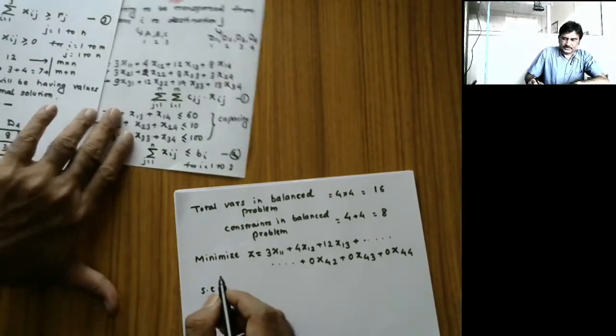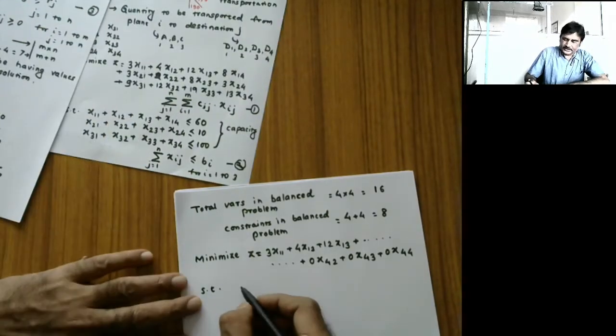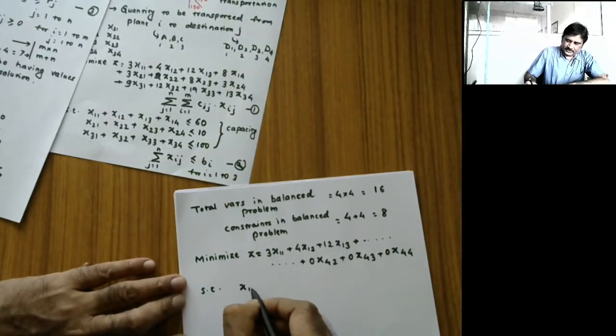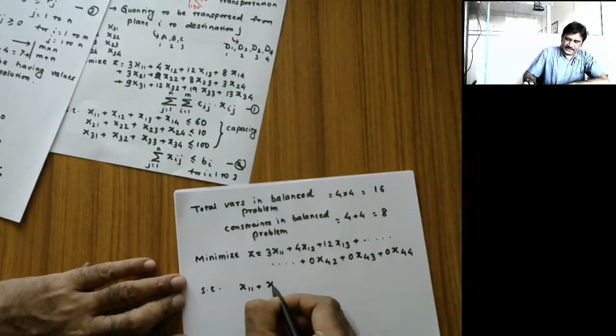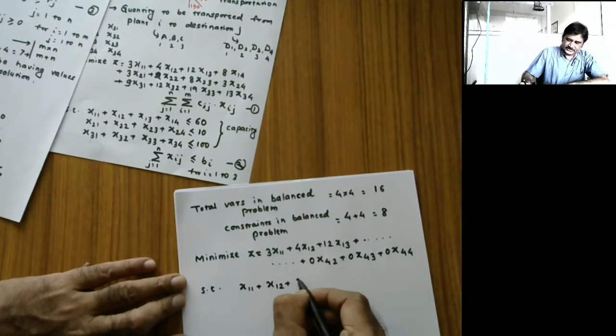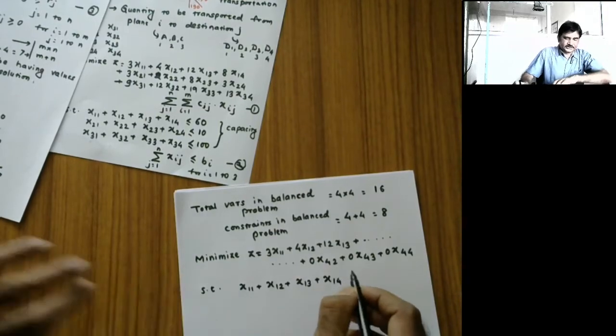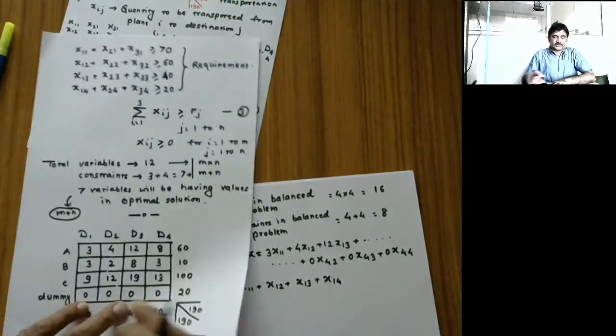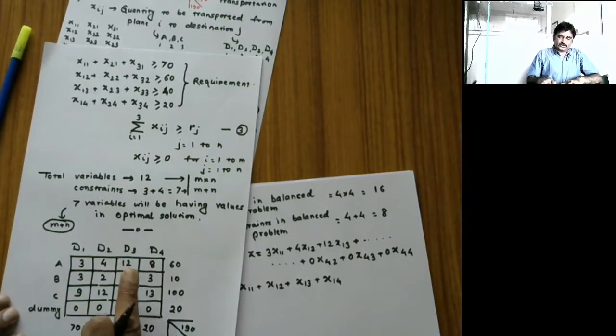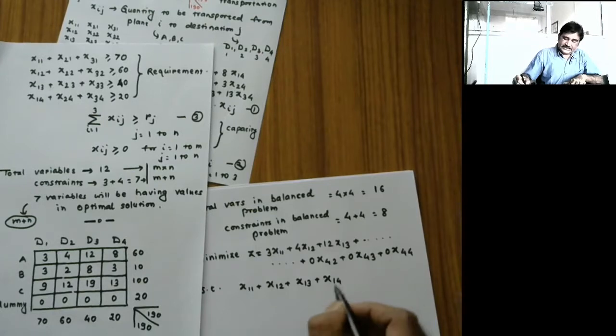Constraints will be more or less like this. x11 plus x12 plus x13 plus x14. See where the constraint is coming from. x11 plus x12 plus x13 plus x14 is equal to 60.